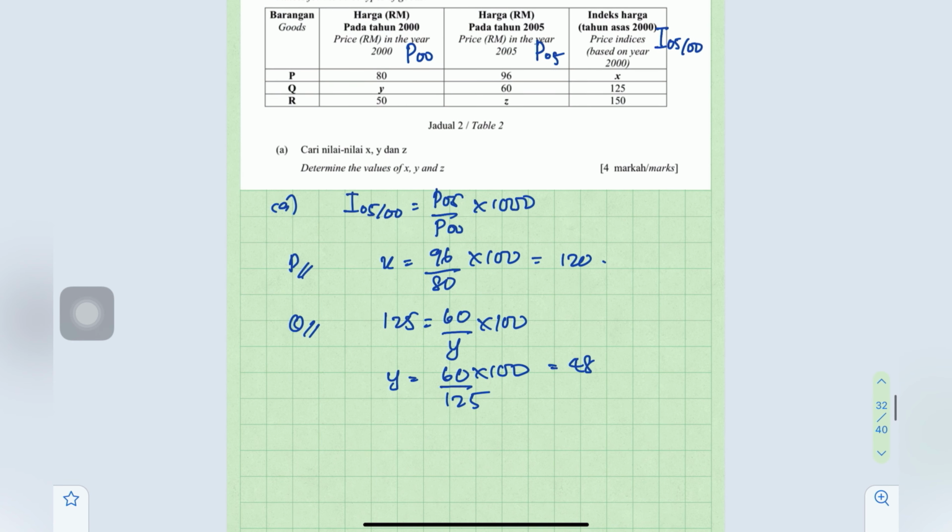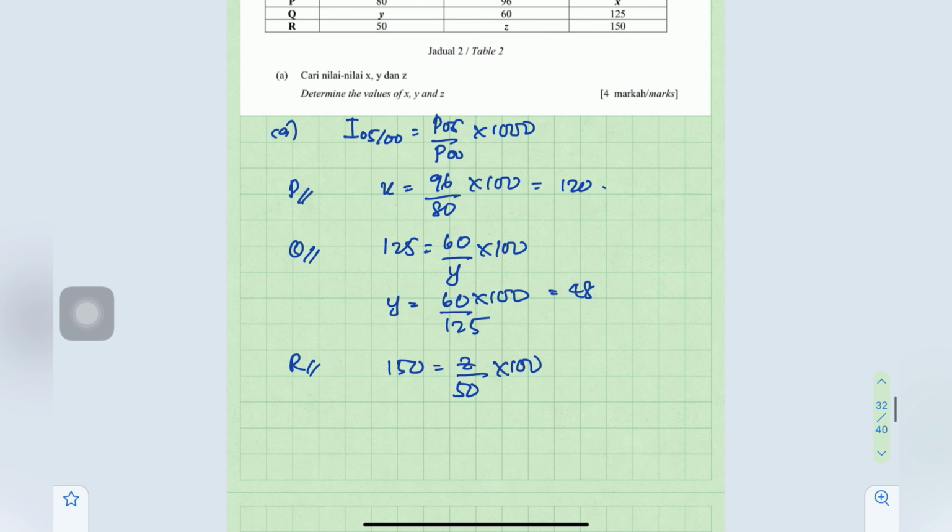Okay, and for R, okay, we got here 150 equals to Z over 50 times 100. So therefore Z equals to 150 times 50 over 100, which is equals to 75.